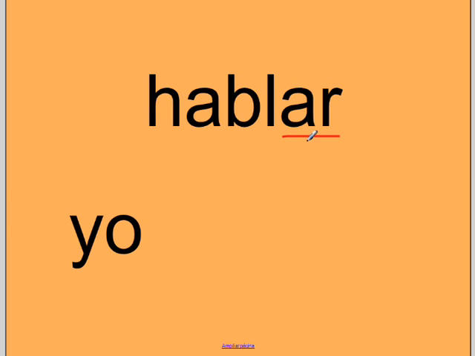So what we do with our infinitive, the word that ends in AR or ER or IR, is we count 2 letters from the back, 1, 2, and those 2 letters we take off. And what's left is what's known as the stem, habl. So that habl is going to be reused when we conjugate the verb in the preterite tense.